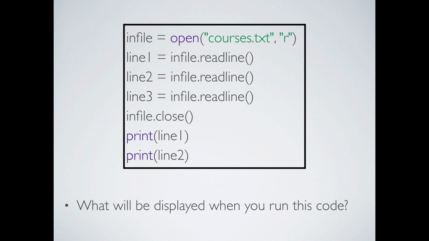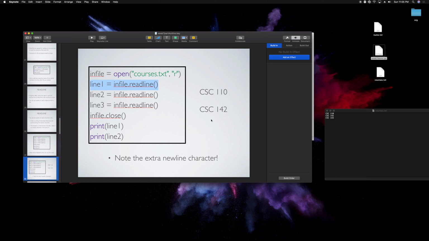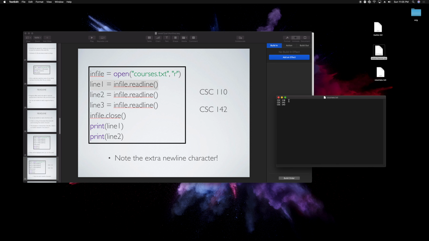These extra spaces are coming from the fact that when I read this line for line 1, this is the line that it's reading, this CSC 110 line. But this CSC 110 line from the file itself has a new line character at the end of it.